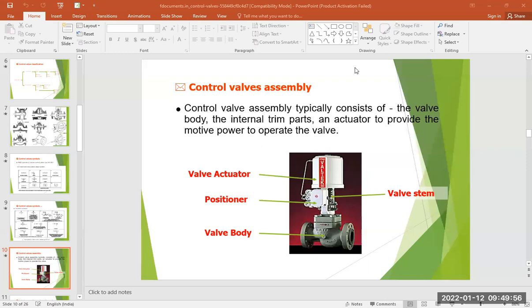And when you use the analog input type of positioner system, this positioner performs the same as the pneumatic type of positioner system, and here it uses electrical current, range 4 to 20 milliampere instead of the air pressure.